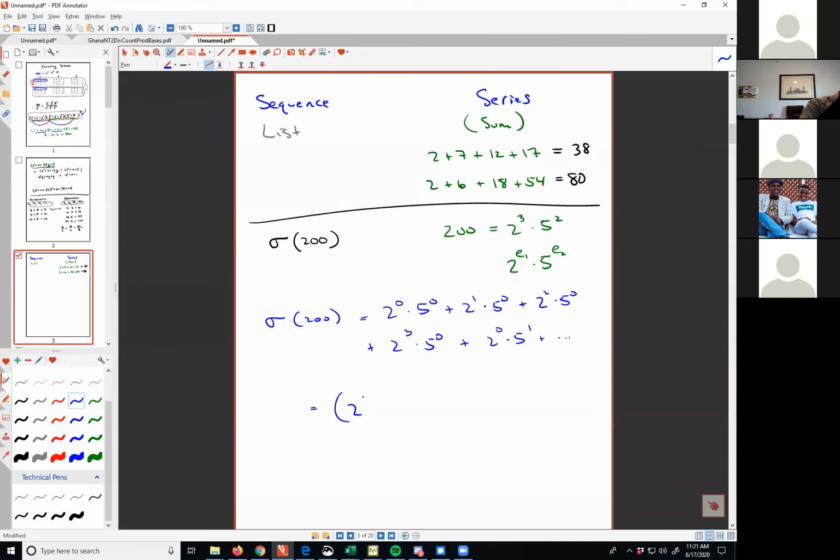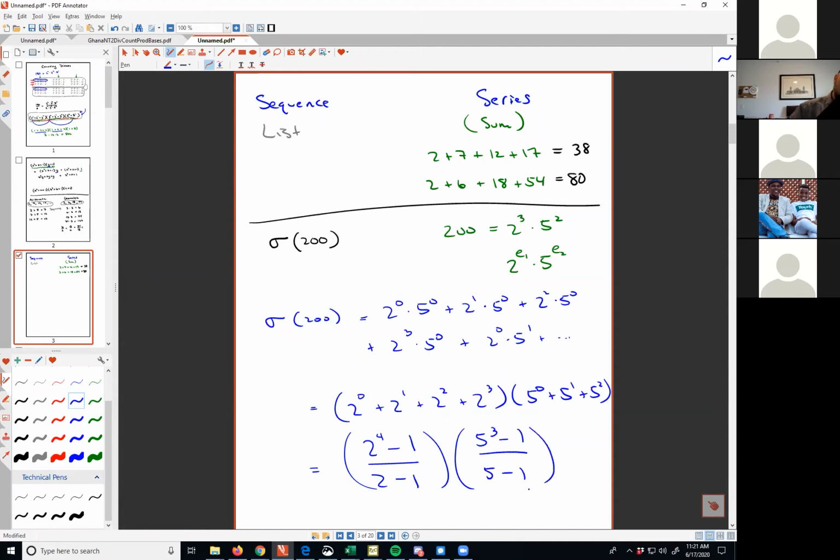But that's the same thing as this sum multiplied, this geometric series right here multiplied by this geometric series right here. And we can use our formula for a finite geometric series and rewrite each of these as 2 to the 4th power minus 1 over 2 minus 1, and 5 to the 3rd minus 1 over 5 minus 1.